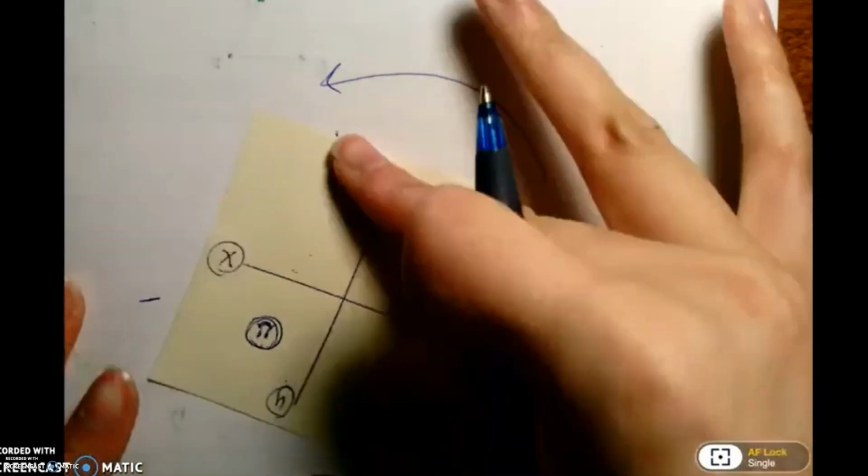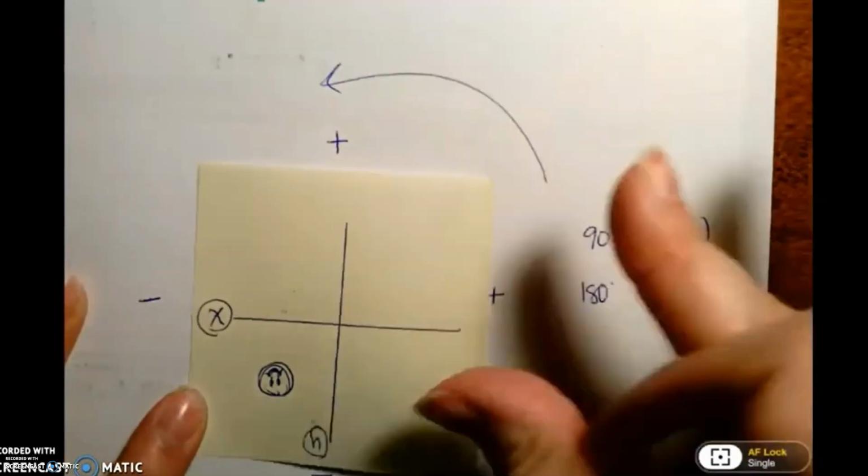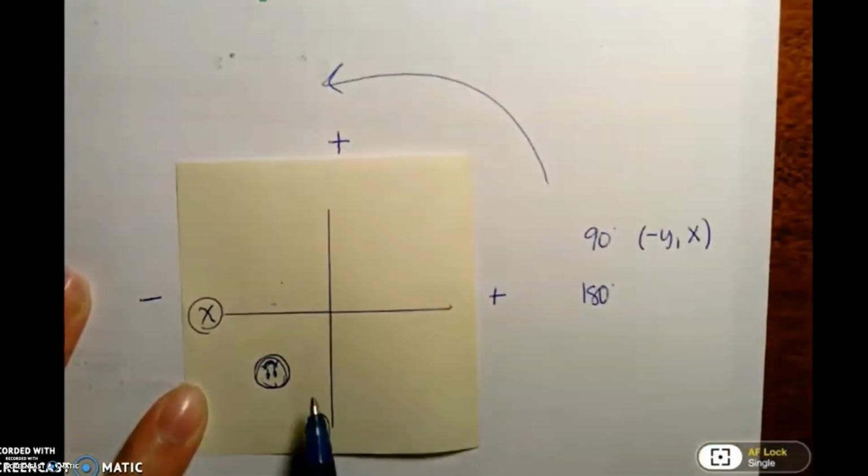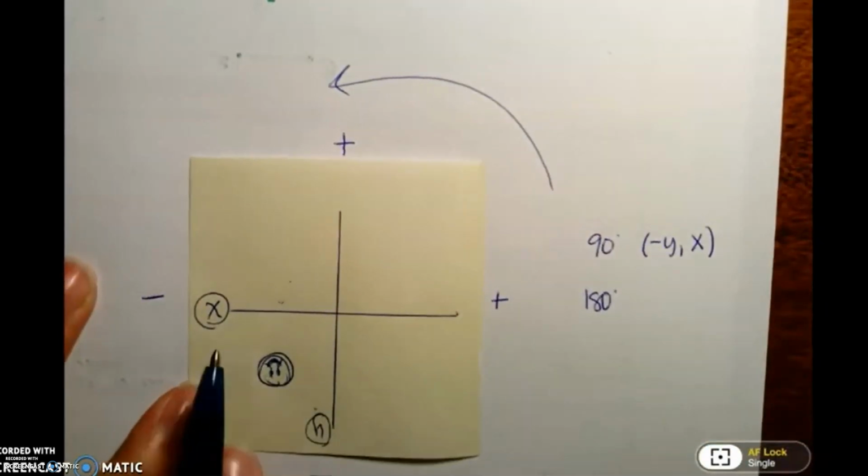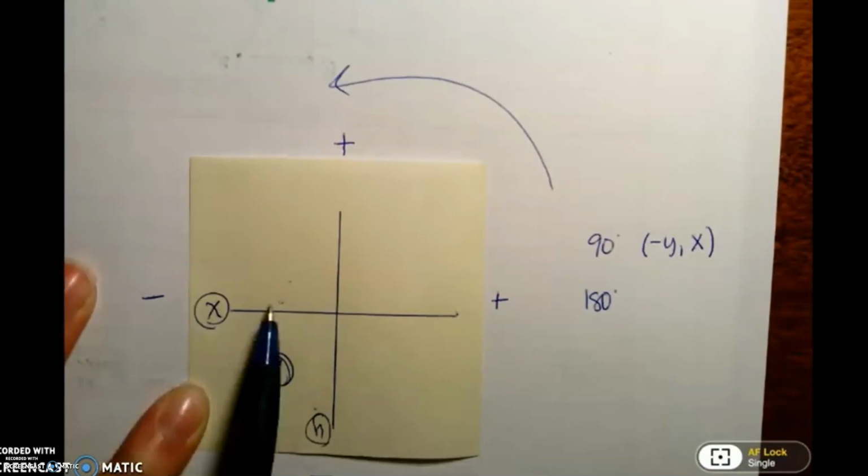So we're going to rotate another 90. Now we're at 180, and it looks like we have a negative X, because again we want our moving left first before we go up or down.